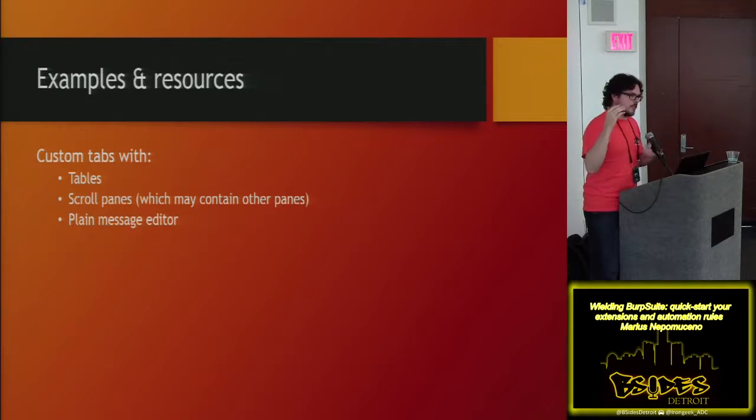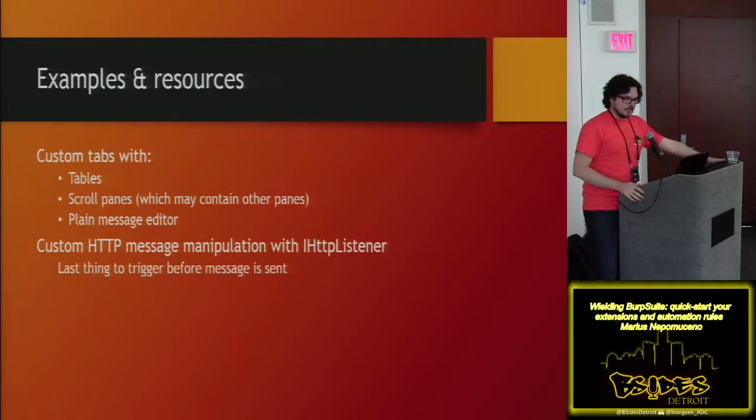If you want your tab to show different information just like BurpSuite does it, but in a different format, you can have a regular message editor there. You can use HTTP Listener for custom HTTP message manipulation. Again, it's the last thing to trigger right before the message leaves BurpSuite. And it allows you to do some funny things.